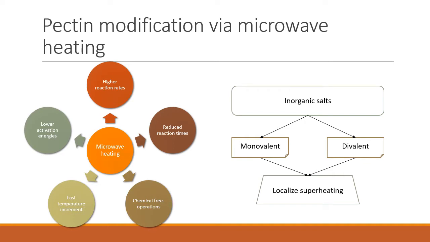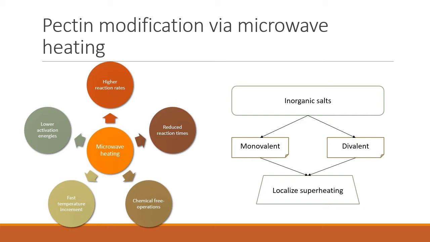So, in this study, we propose microwave heating treatments to modify pectin to lower the molecular weight and size. The microwave technology offers lower activation energies, higher reaction rates, reduced reaction times, fast temperature increment, and finally is a chemical-free operation.